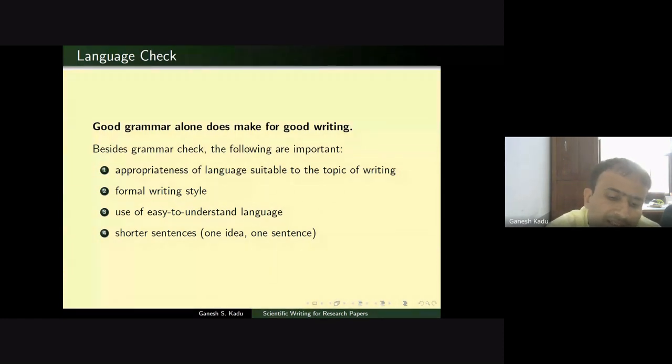In some cases you may have two ideas in one sentence, but broadly you should have one idea, one sentence. Okay, that is something you should follow.